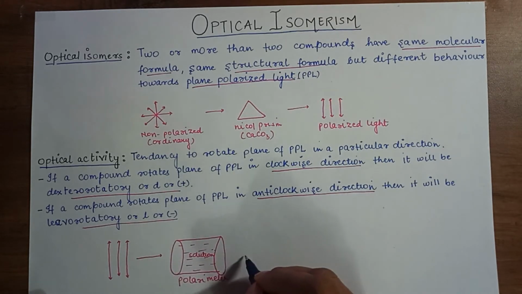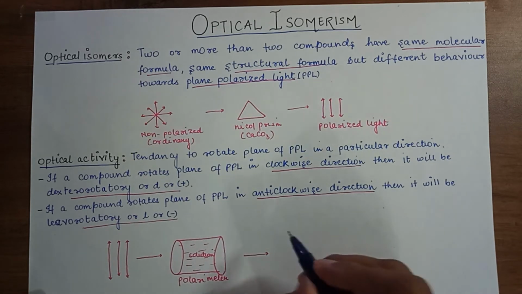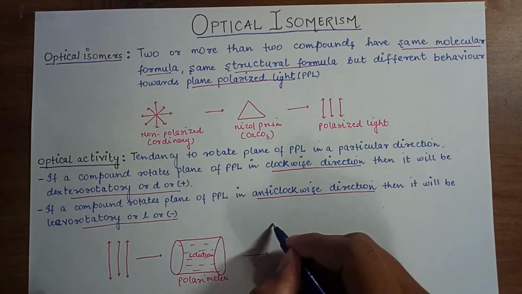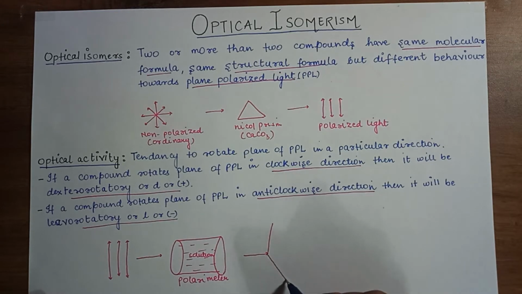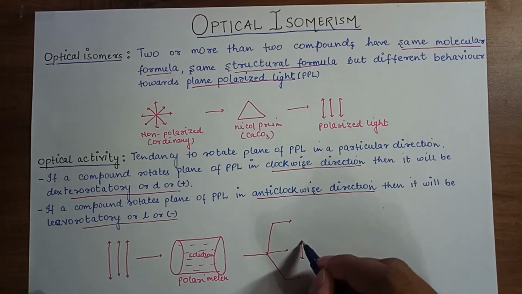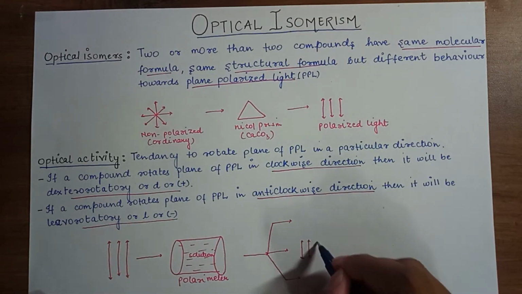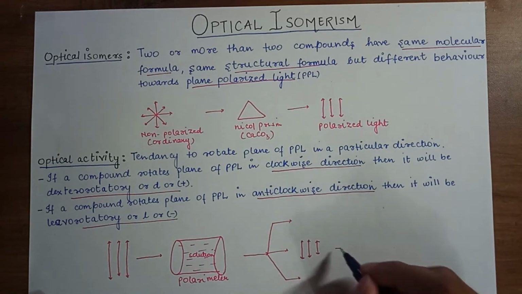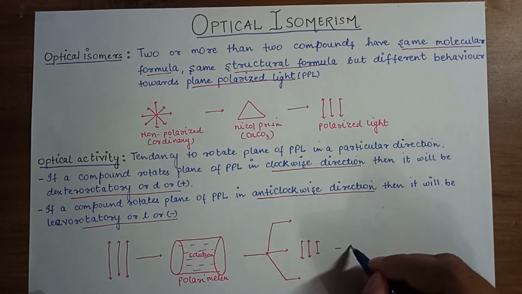Then there are three possibilities. First, the light goes as it is, meaning no change in its direction, so it will be optically inactive.